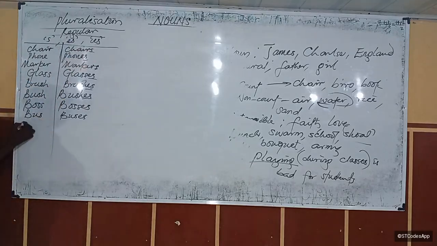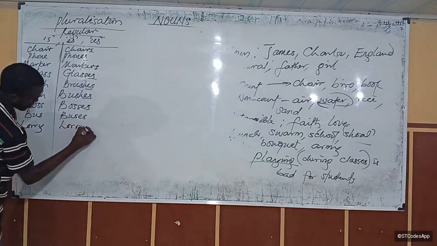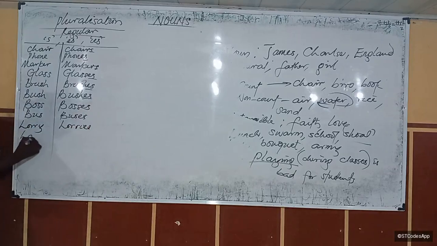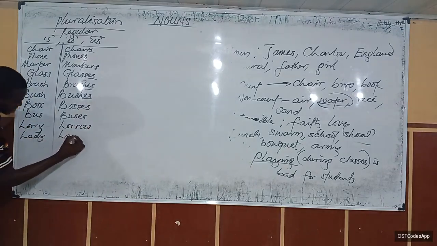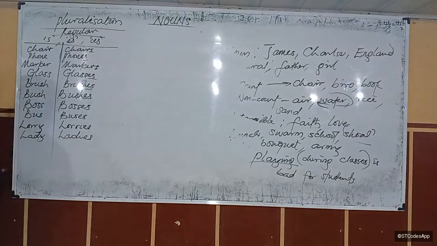For example, I have lorry, we have lorries. I have lady, and I have ladies, baby and babies. Some other words in this category are like mango, tomato. You add es to those ones.